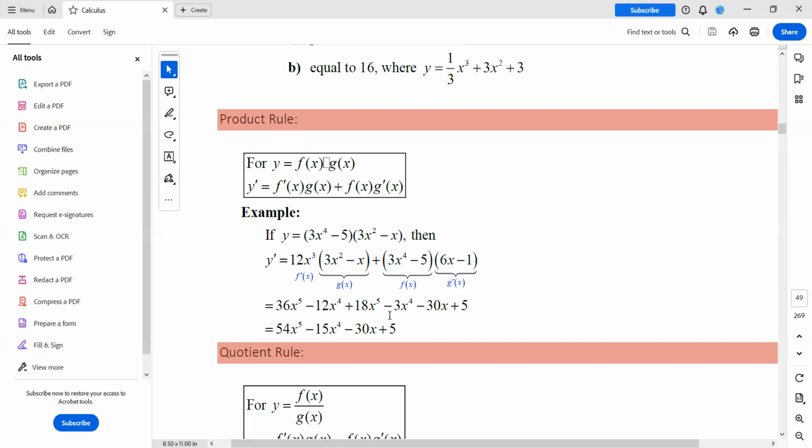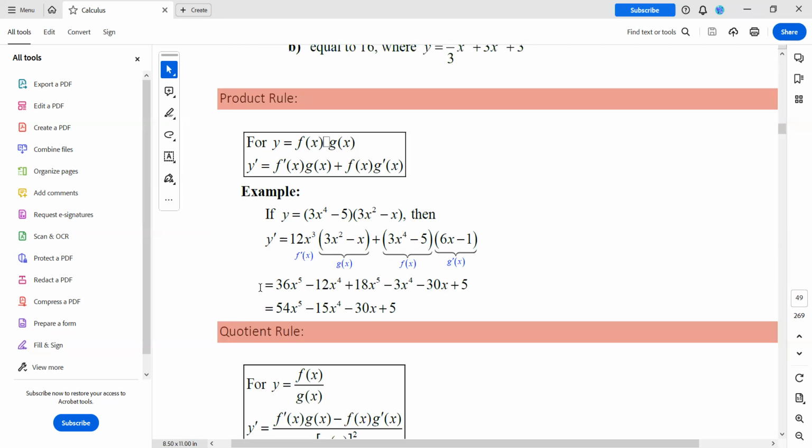After this, you make some additions or subtractions. So what do you have as the answer? You have 54x raised to power 5, which is 36 plus 18 gives you 54. Then minus 12 minus 3 gives you minus 15x raised to power 4. Then you have minus 30x here plus 5. So that's the answer. This is basically the product rule.